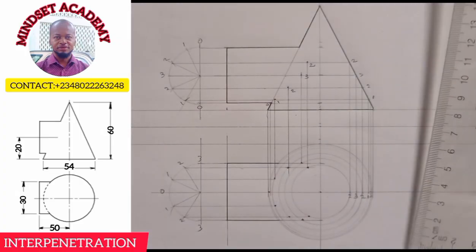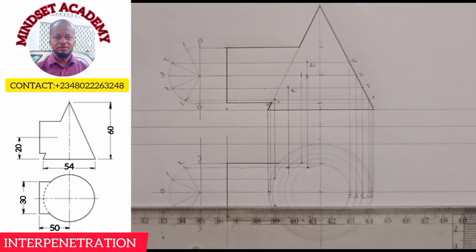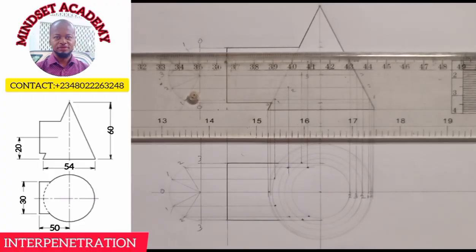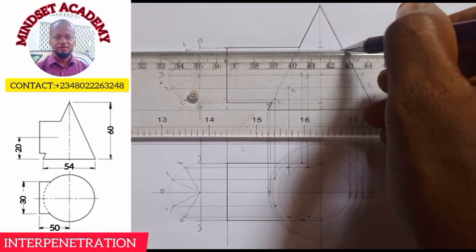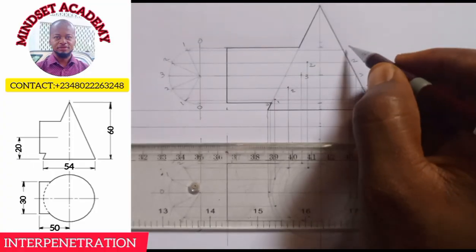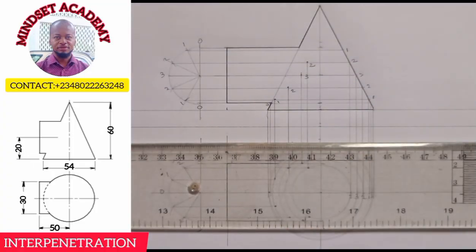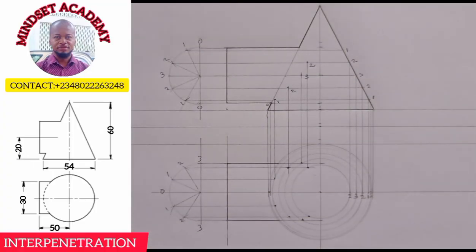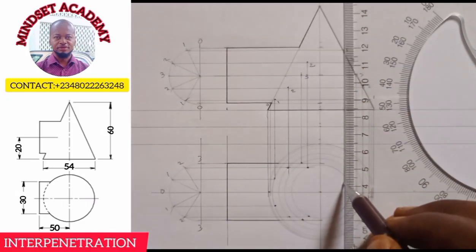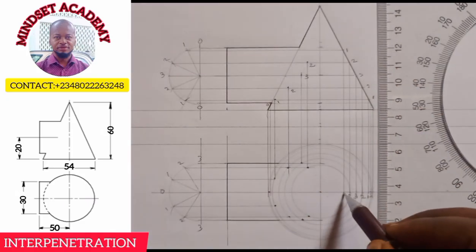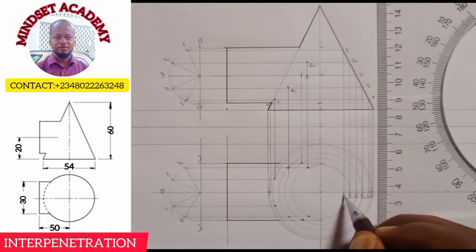Then I'll go and project 1 again. So if I come here and I project line 1, touch here, so this is 1. So bringing it down in this fashion, that is 1.